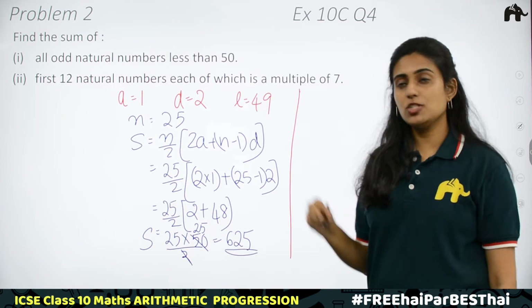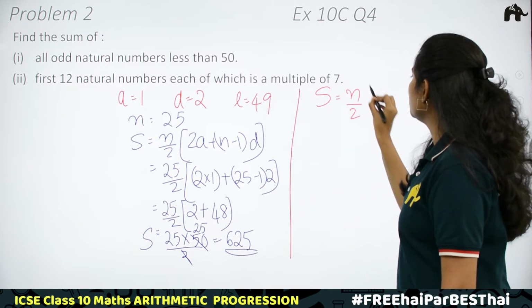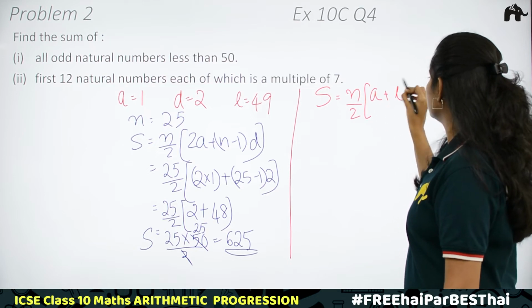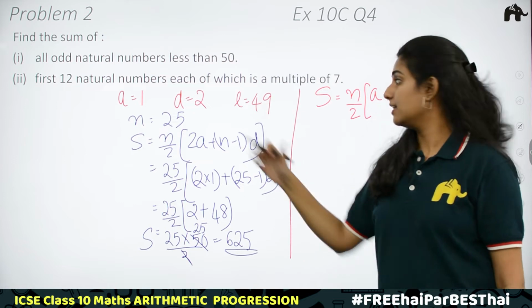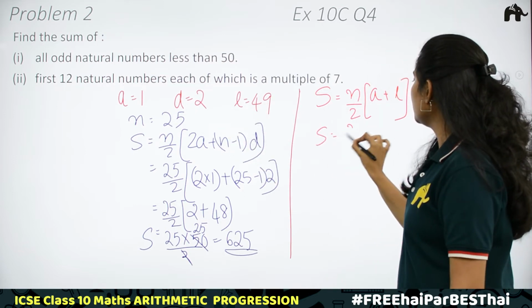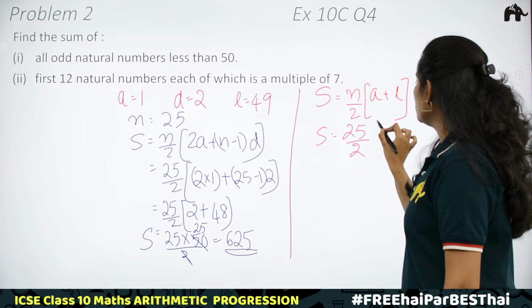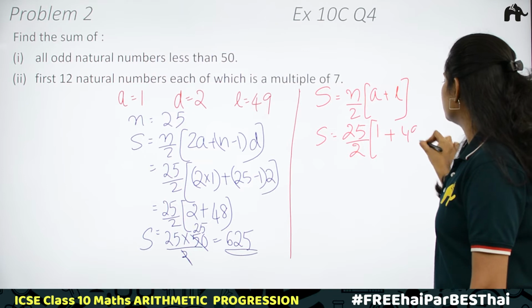Just by direct substitution, we will get the answer. Sum S is equal to n by 2 into a plus L. Once we have got the value of n, that is 25, we can substitute here. S is equal to 25 divided by 2 into a plus L. a is 1 and L is 49.